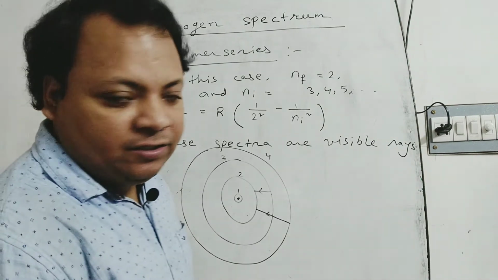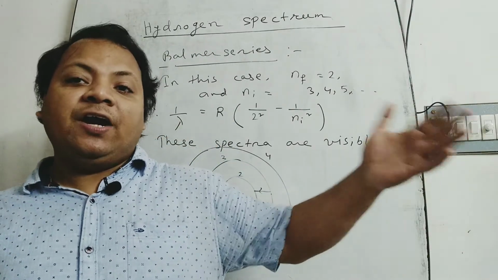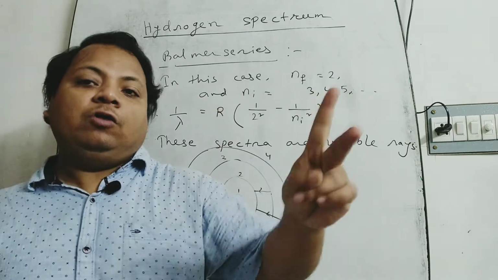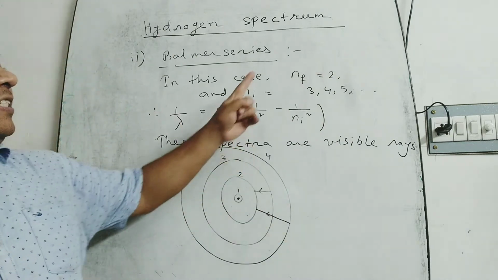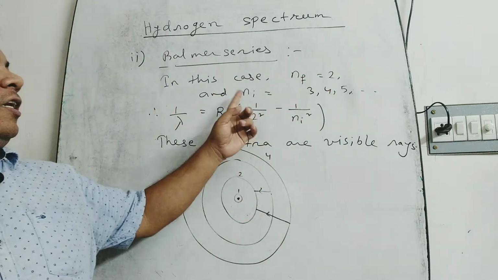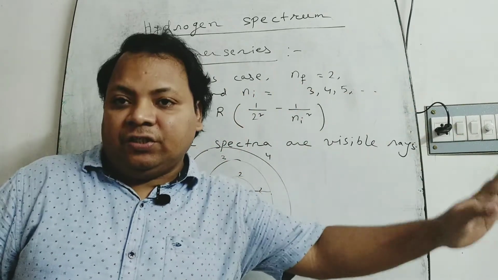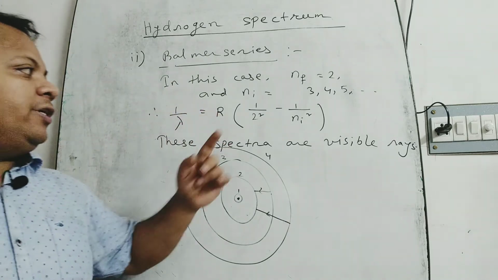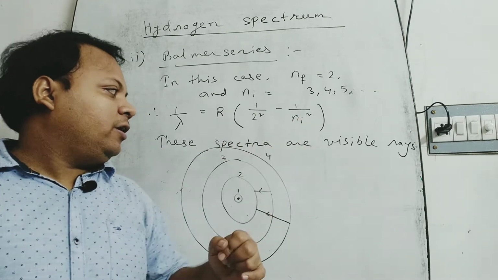Next, Balmer series. In this case, the orbital electron jumps from a higher energy level to the second orbit. That is, here Nf is equal to 2 and the initial quantum number Ni is equal to 3 or 4 or 5, etc. Therefore, here 1 by lambda is equal to capital R, 1 by 2 square minus 1 by Ni square.